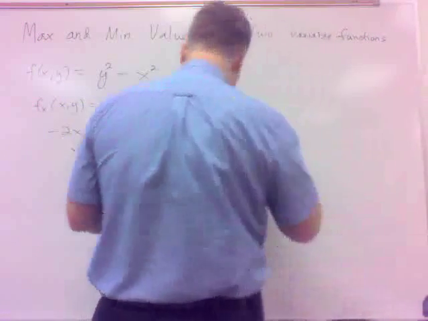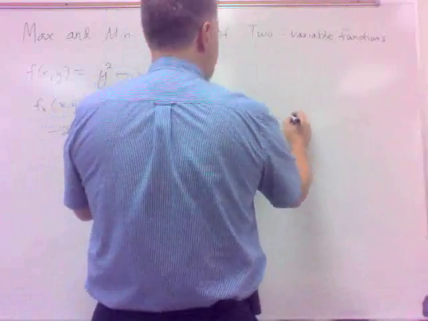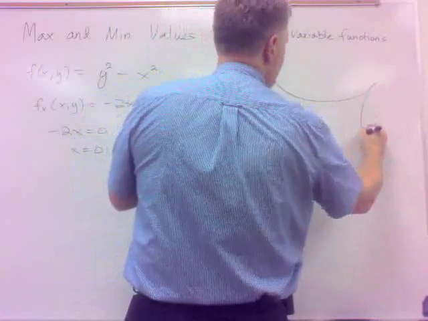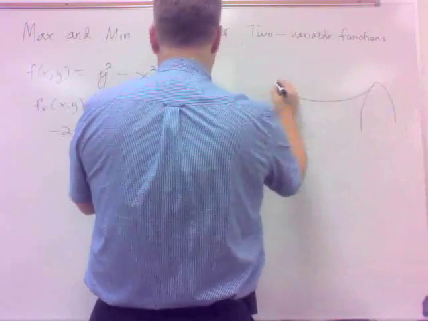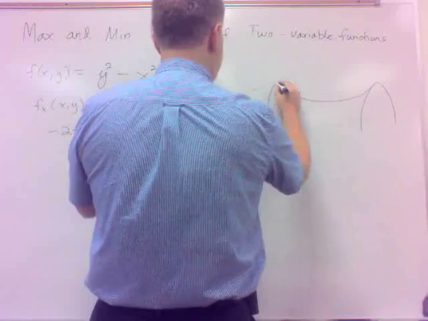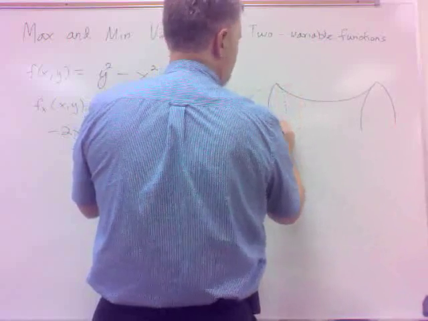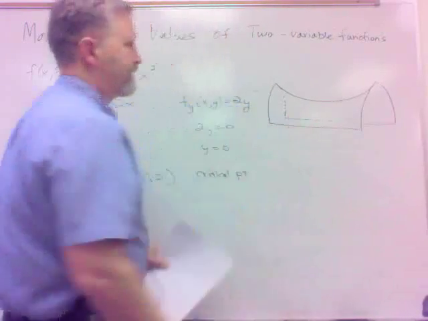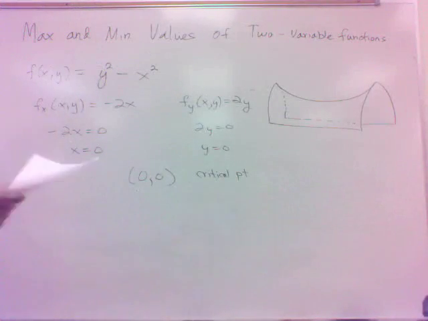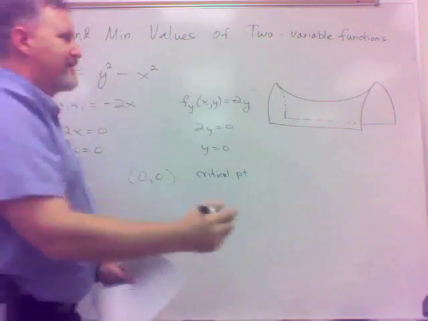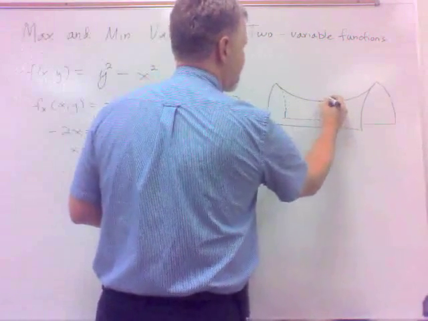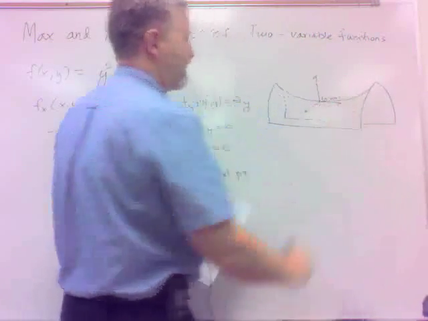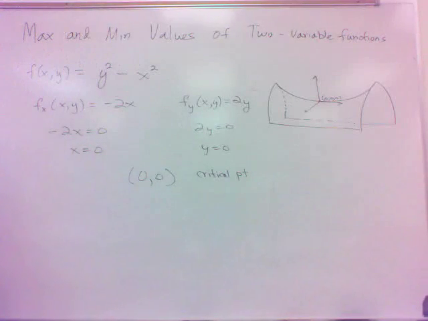Turns out, see if I can draw it here, we get this crazy looking shape, like that, kind of a bowl shape, and then it's got also another, but right here is (0, 0, 0). So we've got our x, y, and z kind of going out like that. Okay, there's our (0, 0, 0).